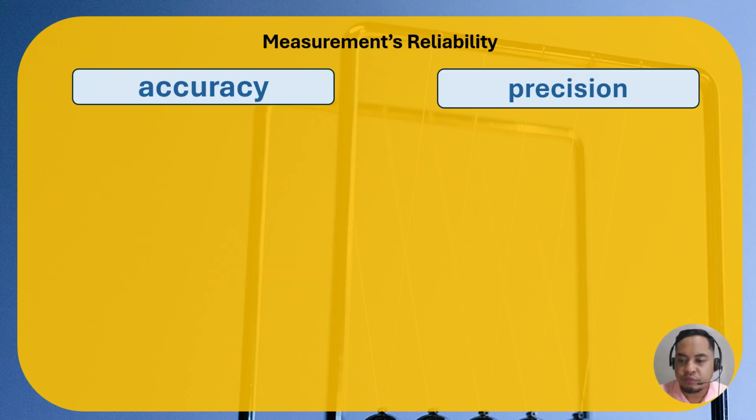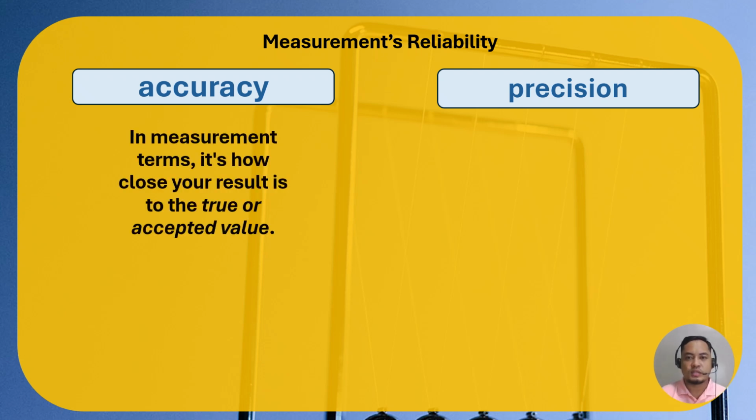Let's get to know first what accuracy is. When we say accuracy, the best definition is that in measurement, it shows that the data are closer to the result, or it's how close your result is to the true or the accepted value. For example, the accepted value worldwide for the boiling point of water is 100 degrees Celsius.